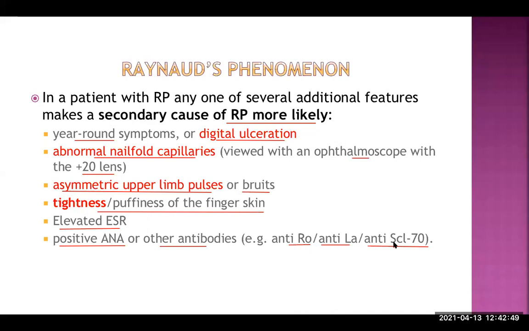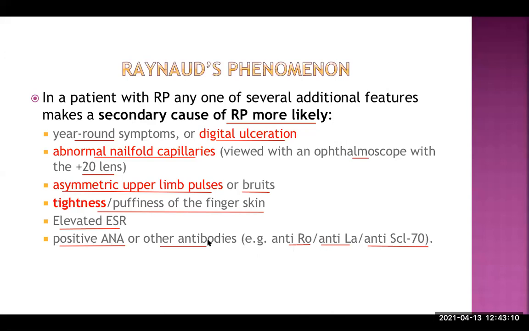Now see this, SCL, systemic sclerosis. This is the way you remember it, and connect it with systemic sclerosis or scleroderma. Anti-Ro, anti-La, and anti-SCL70 antibodies are present, so this will give us a diagnosis.